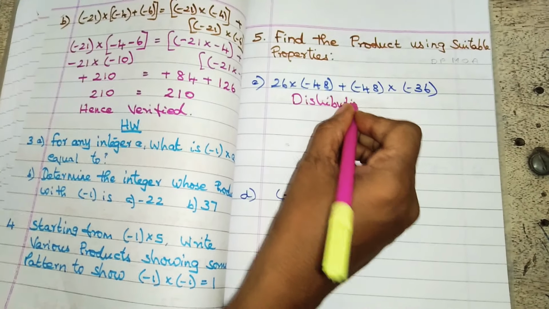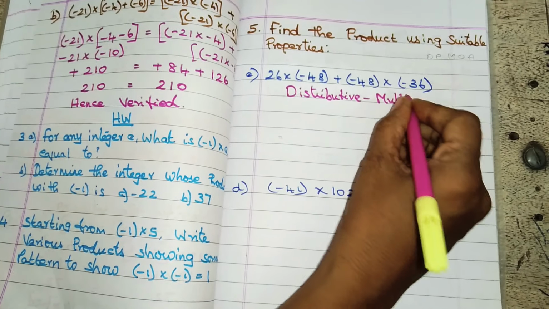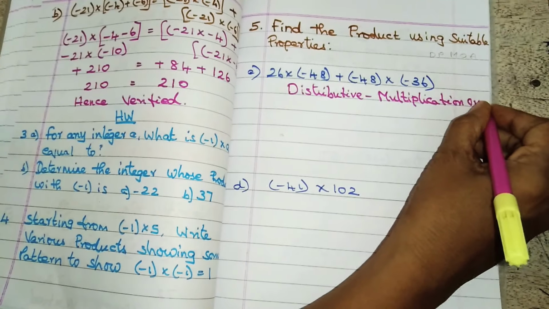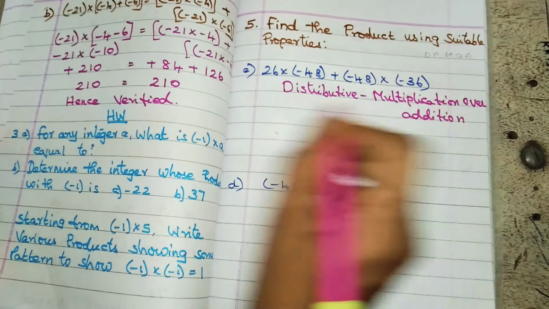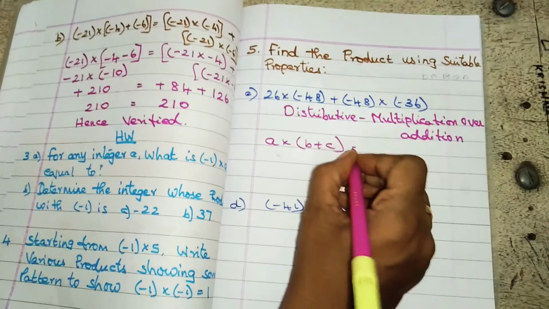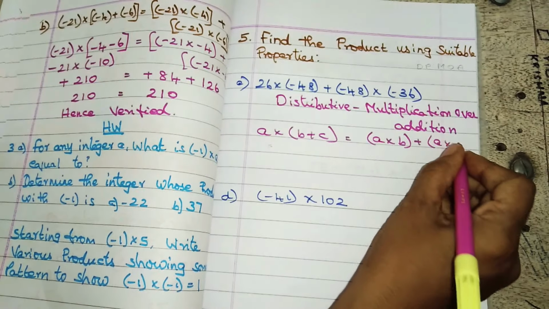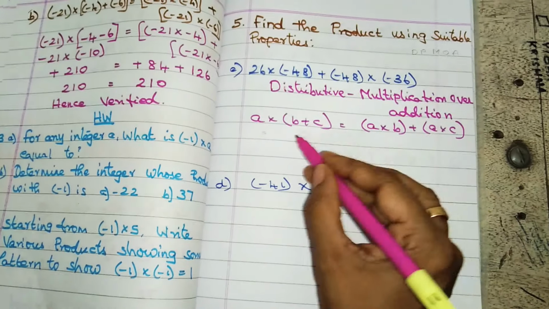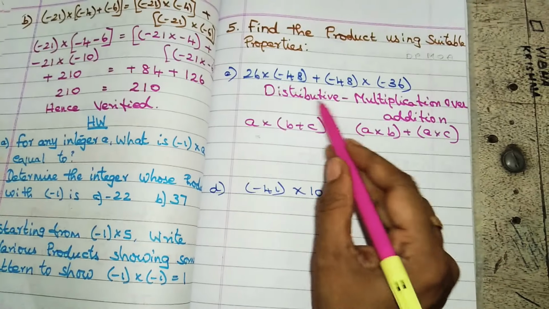You should know the formula for writing distributive property, multiplication over addition, which is A into B plus C is equal to A into B plus A into C. Now, as soon as you see this property, you should know which side we have got, LHS or RHS, you have expanded it.